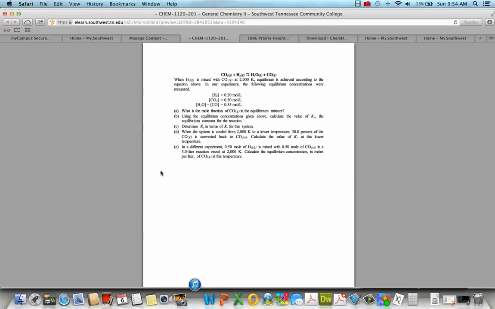Part D asks, when the system is cooled from 2000 Kelvin to a lower temperature, 30% of the CO is converted back to CO2. Calculate the value of Kc at this lower temperature. First of all, I would like to take this opportunity to point out that this is evidence that we have an endothermic reaction.